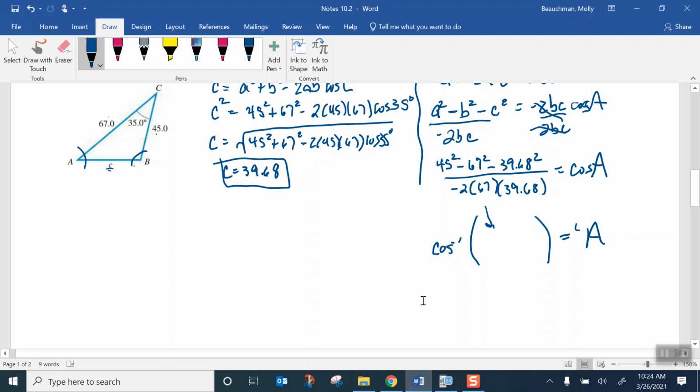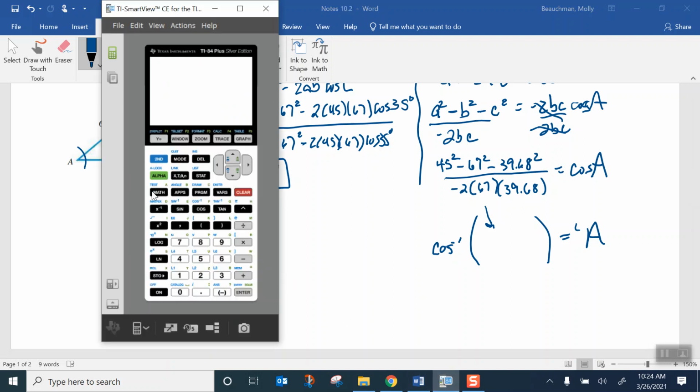So I might go ahead and just put it in the calculator all in one. Let's take inverse cosine of, I'm going to put parentheses around 45 squared minus 67 squared minus 39.68 squared.